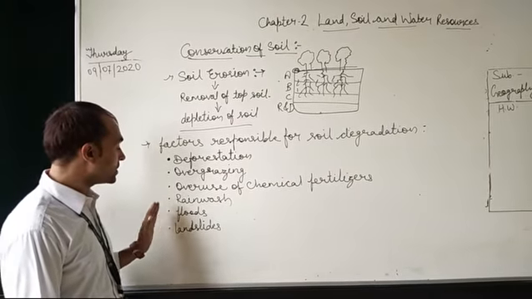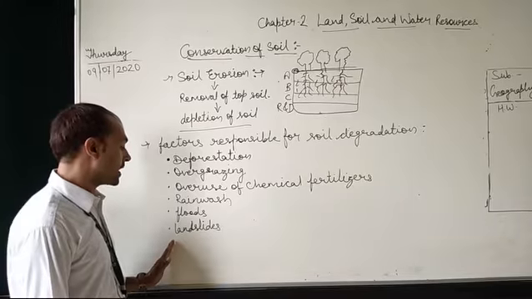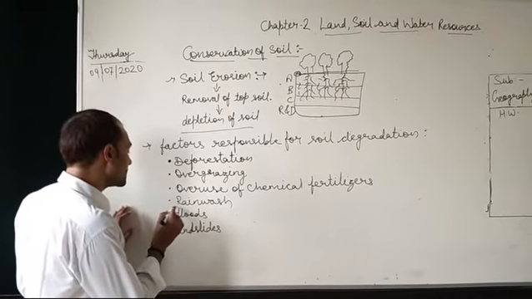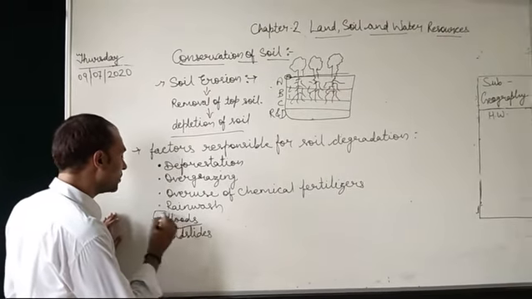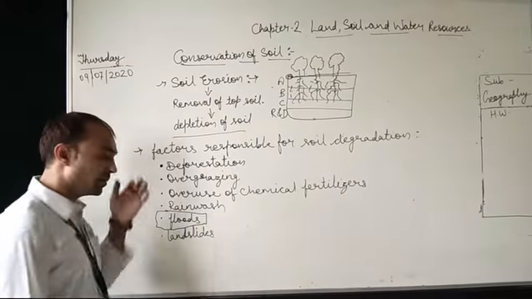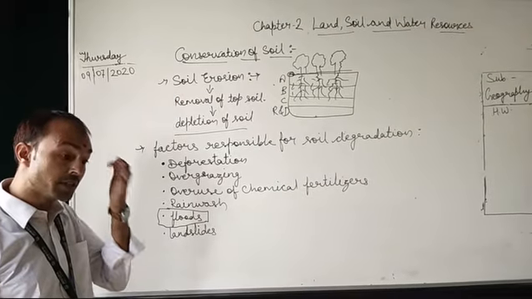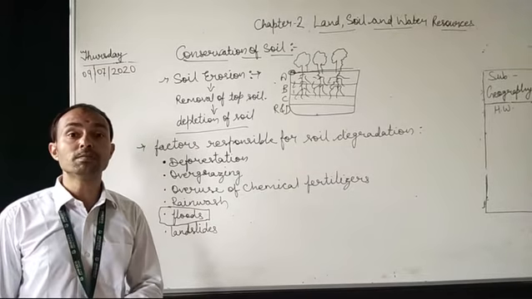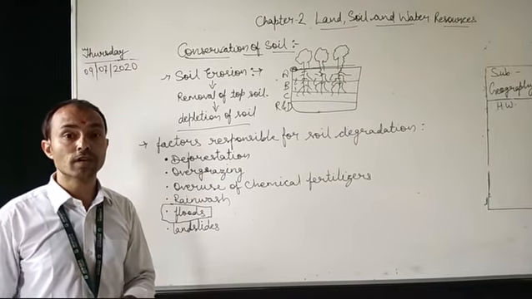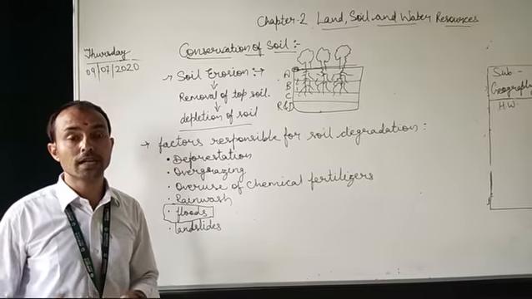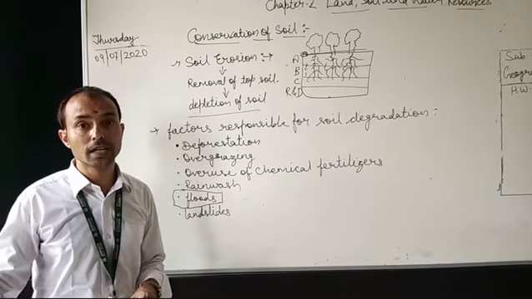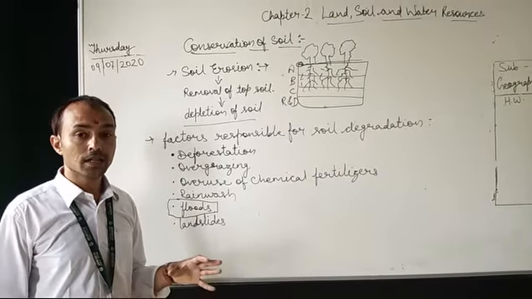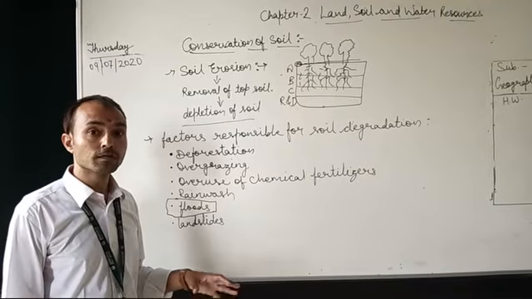Then rain wash, floods and landslides. A question may come to your mind about floods. If you go through the content, floods are also responsible for the development of soil, because whenever there are floods, along with the water there is an amount of soil.